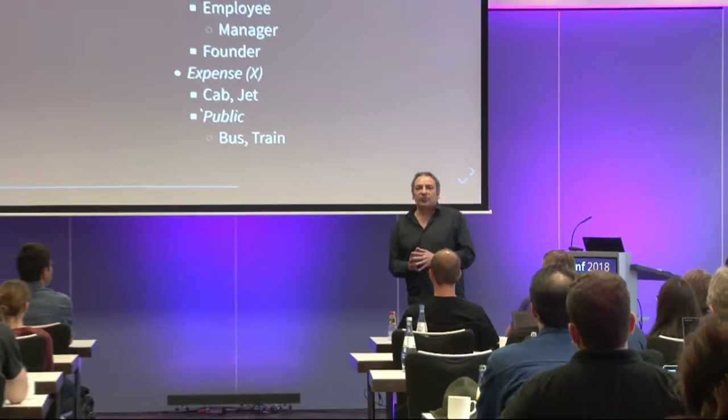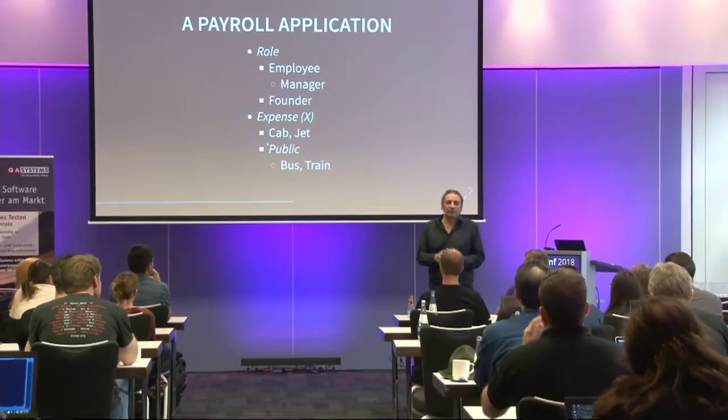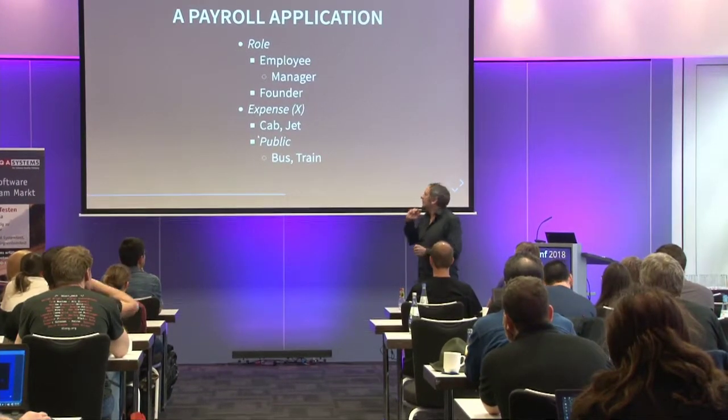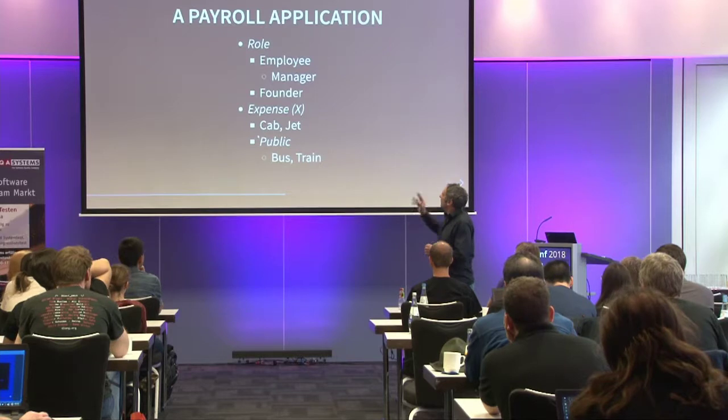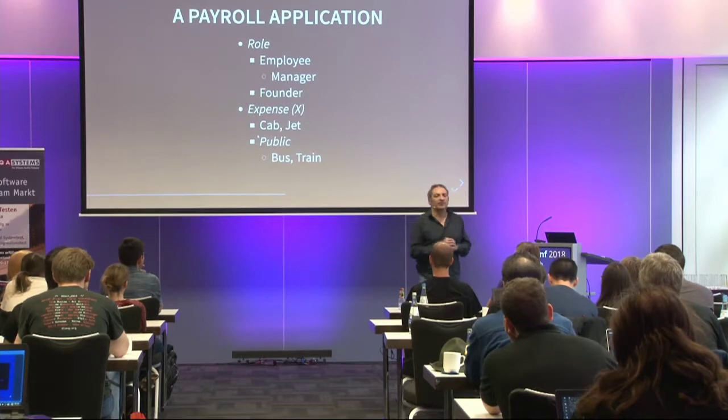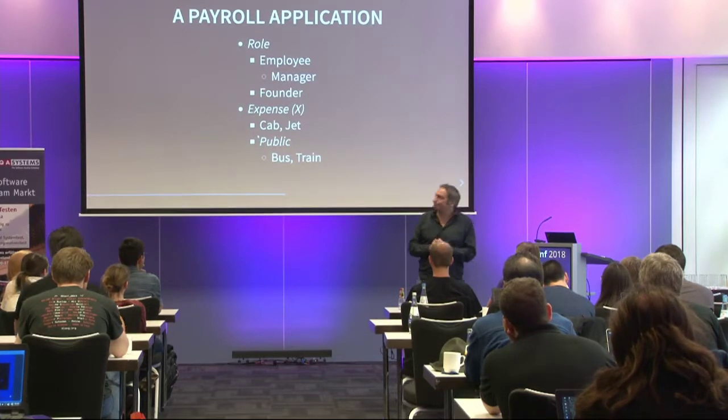Let's take another example, a payroll application. So I have two hierarchies: employee is a subclass of role, which is abstract, or an interface, and manager is a subclass of employee, okay? Founder is a subclass of role. Founder is not an employee.